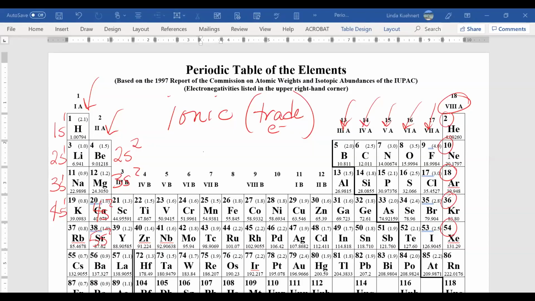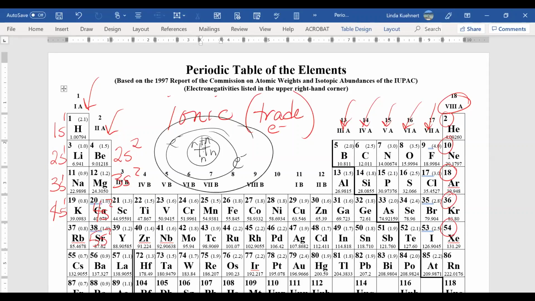So lithium has 3 protons. It also has 4 neutrons in its nucleus for its major isotope. It has in shell number 1, 2 electrons, and in shell number 2, 1 electron. And it's easier to remove the 1 electron and look like helium rather than gain 7 electrons and look like neon.